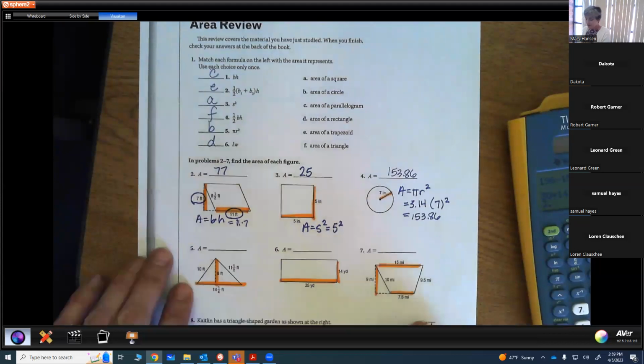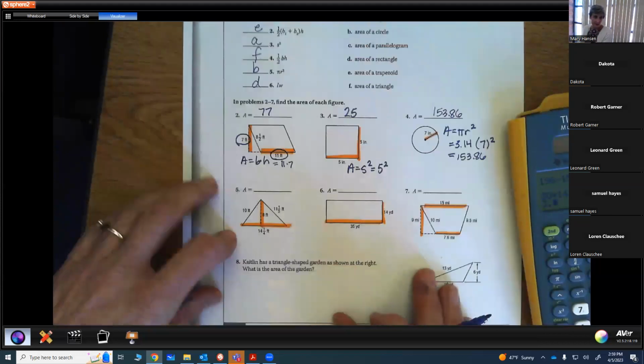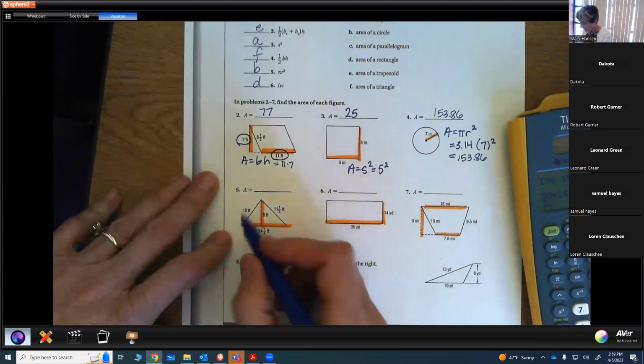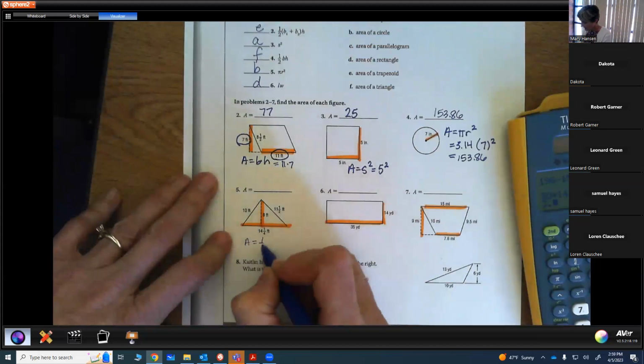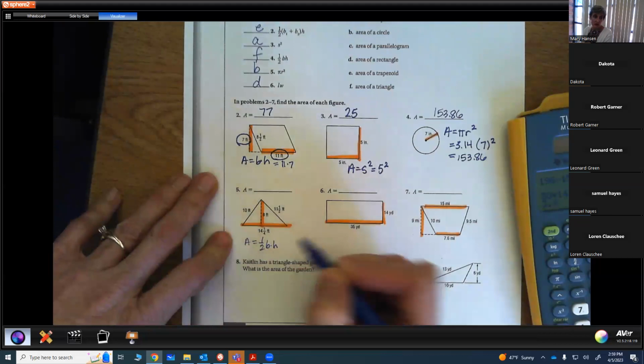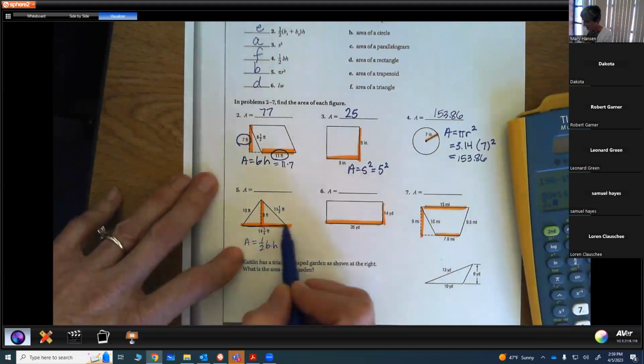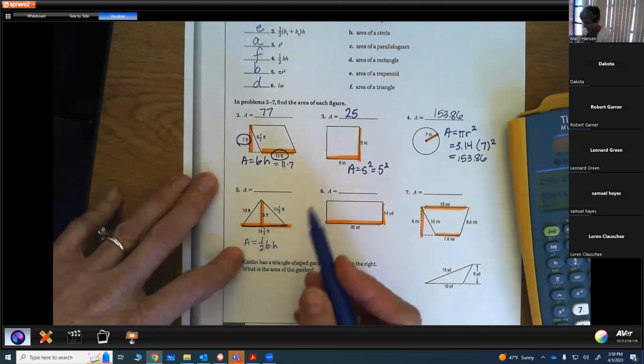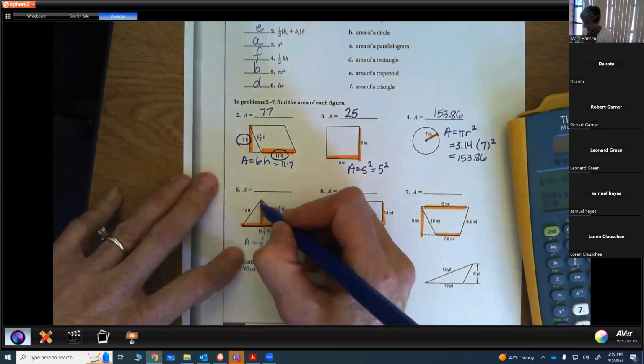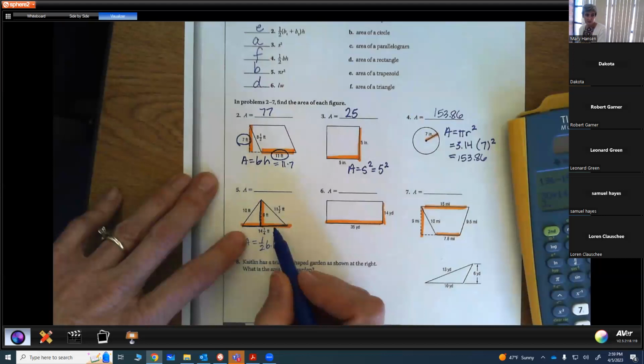Number 5 has lots of distractor numbers in it because the area of a triangle is 1/2 base times height. We need 2 numbers and we've got 4 numbers. The base is this line right across that would be sitting on the horizontal, and the height is like measuring the height of the mountain, straight down at 90 degrees to the base.